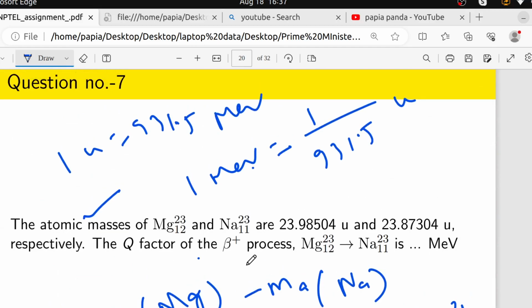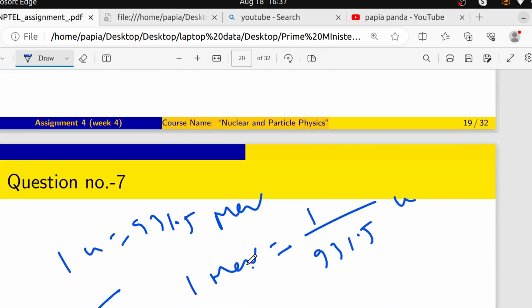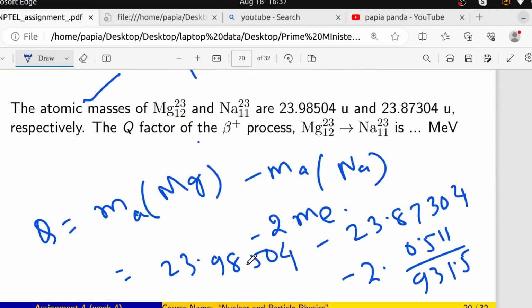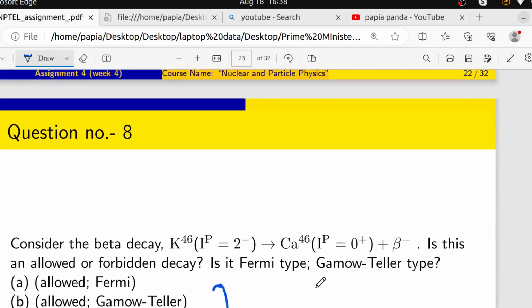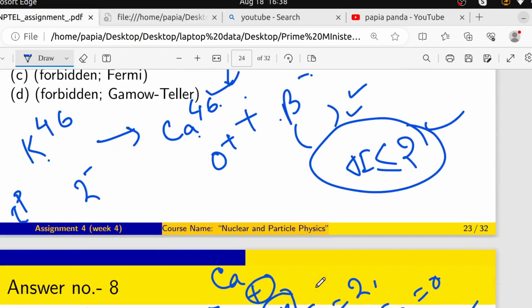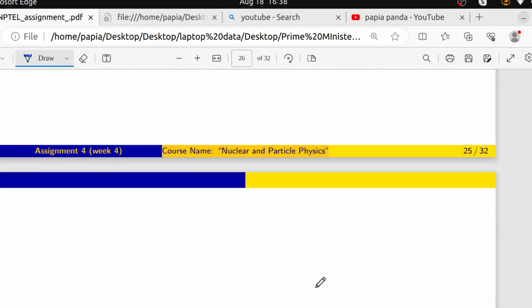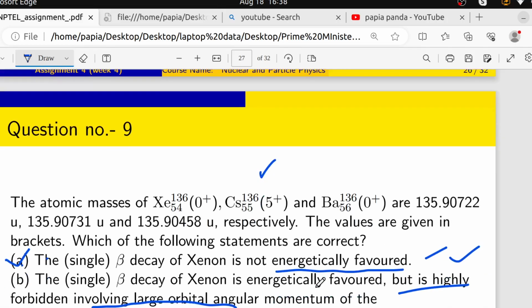Then question number 7. Question number 8 is Fermi type and Gamma-Taylor type. Then question number 9.